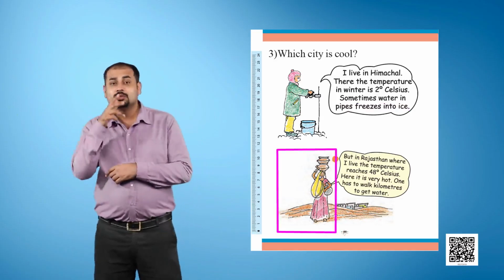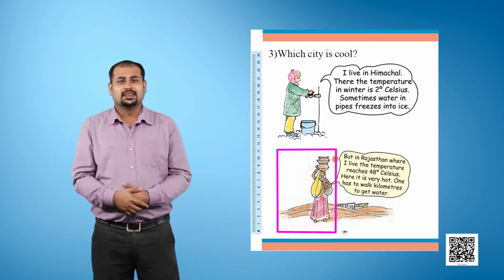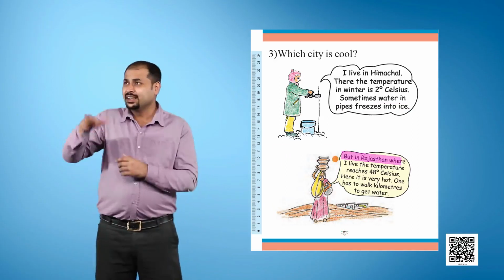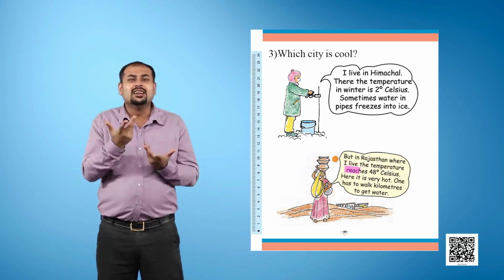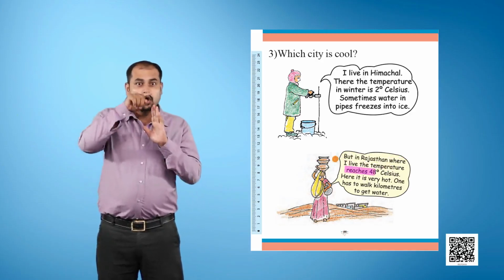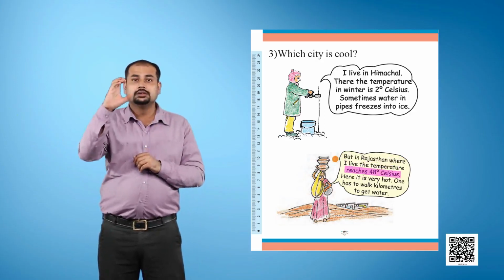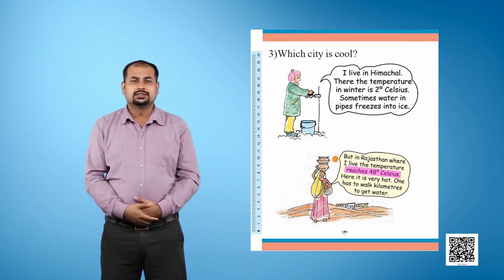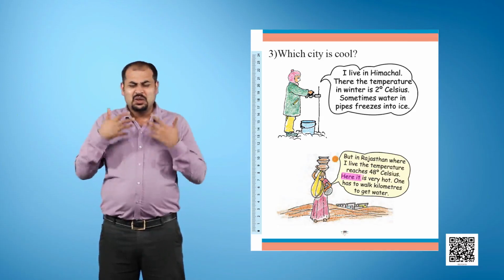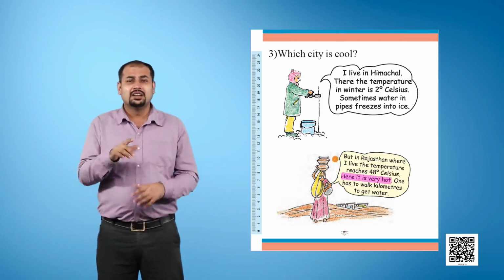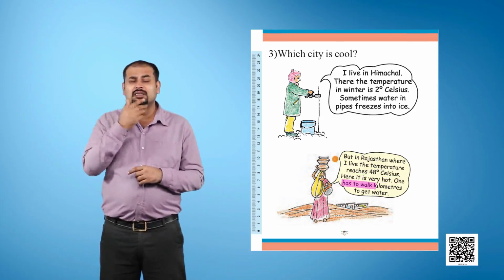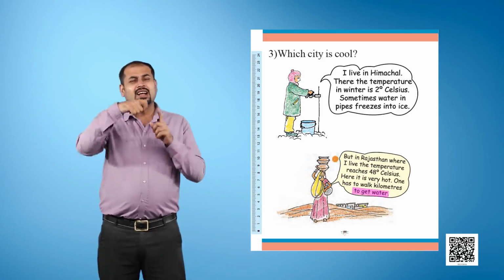The woman tells us, "But in Rajasthan, where I live, the temperature reaches 48 degrees Celsius. Here it is very hot. One has to walk kilometers to get water."